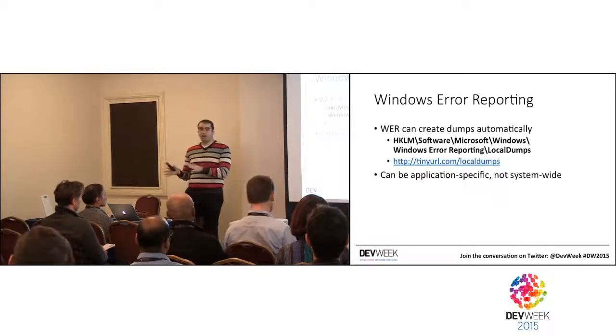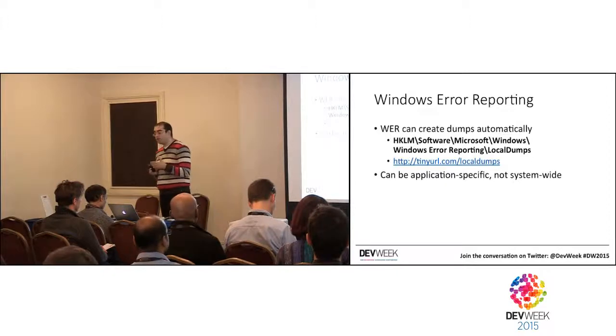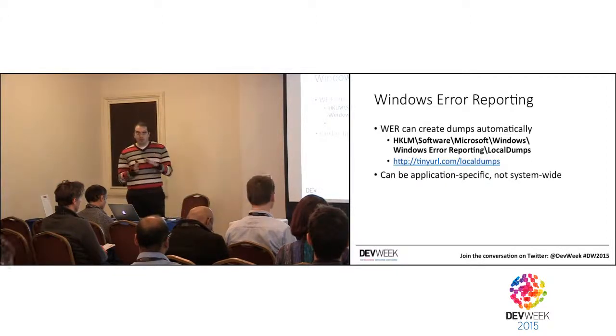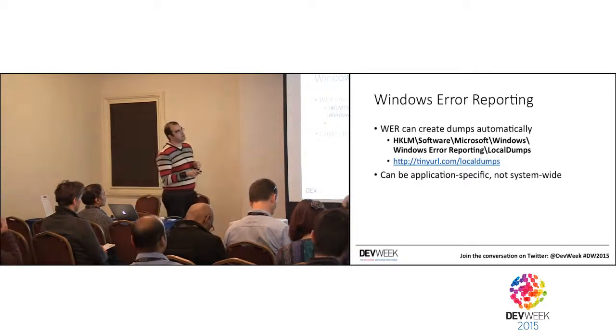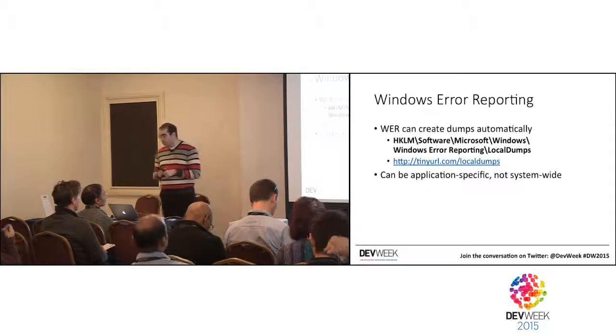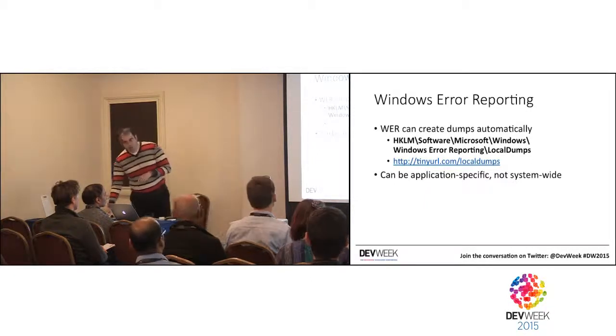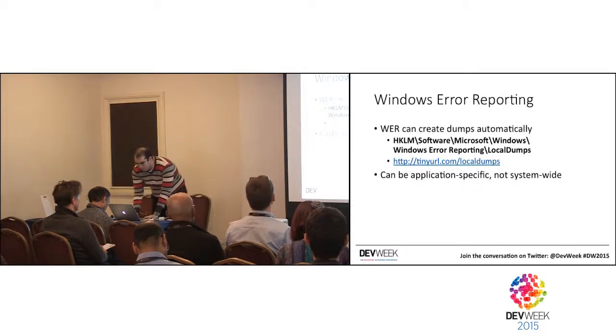Whenever there is an unhandled exception, Windows can generate a dump file for you without any external tools and without any sophisticated configuration. It's just a single registry key that you have to configure. And this is something I'm going to show you a couple of times, so let me just give you a brief, quick demo.